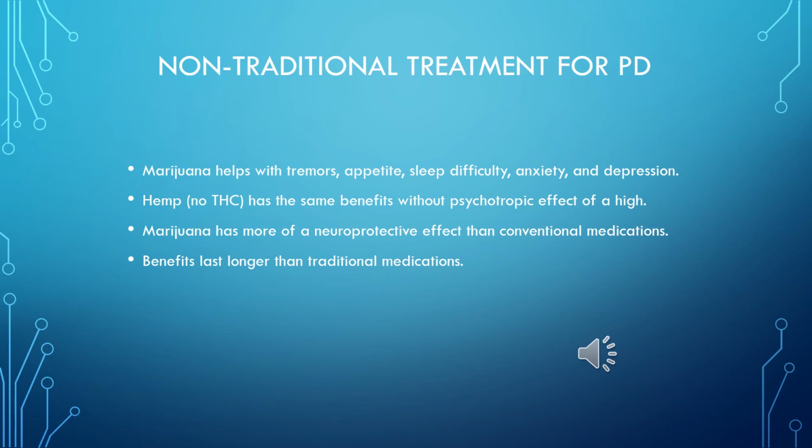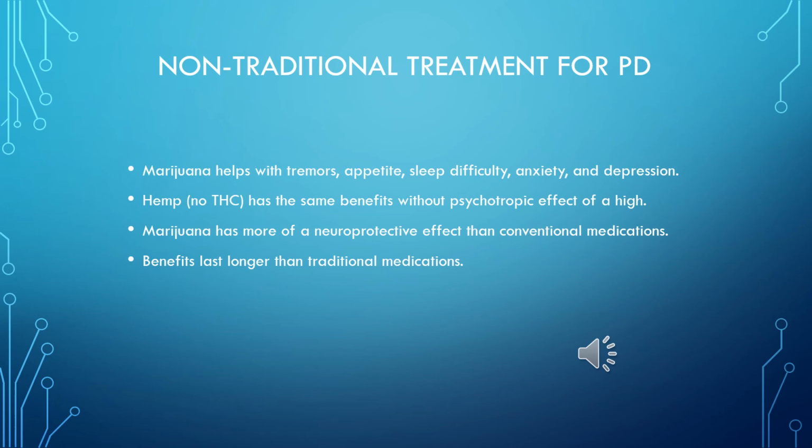Now, hemp is the form of marijuana that does not have any THC in it, and it has the same benefits as marijuana, just doesn't have the psychotropic effect of a high because it doesn't have the THC.